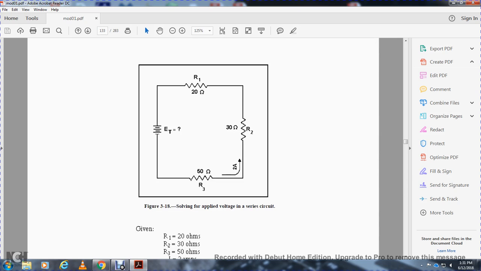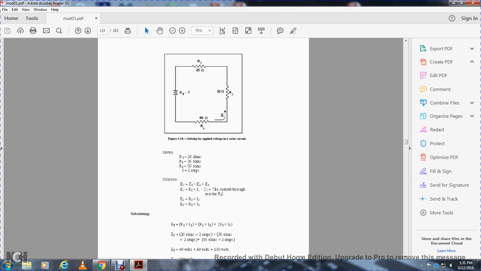Resistor 1 is 20 ohms, resistor 2 is 30 ohms, resistor 3 is 50 ohms, with a current of 2 amps through all of them on the side.